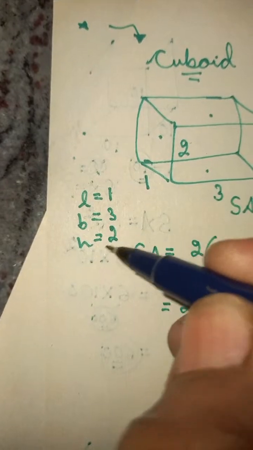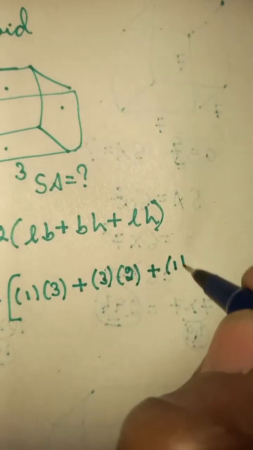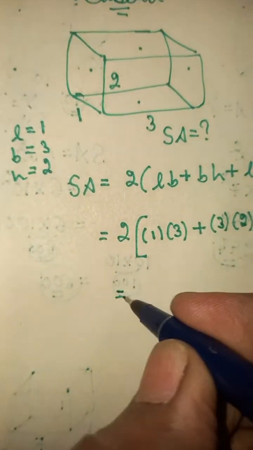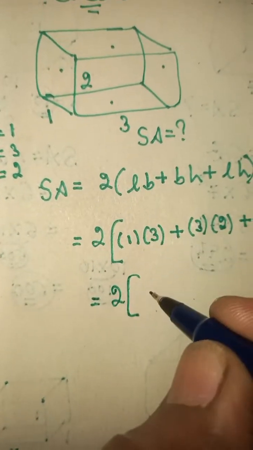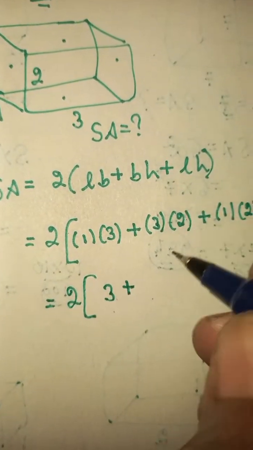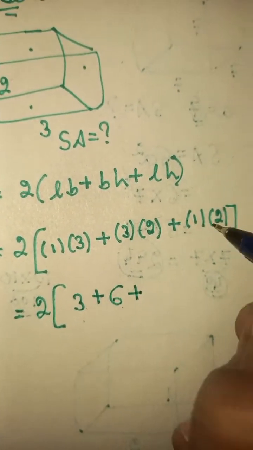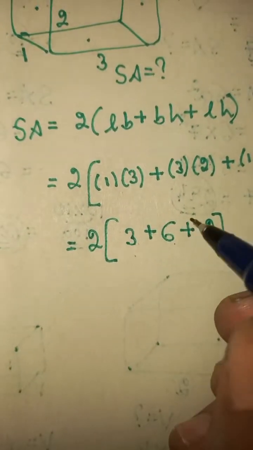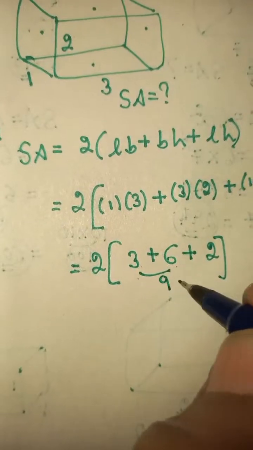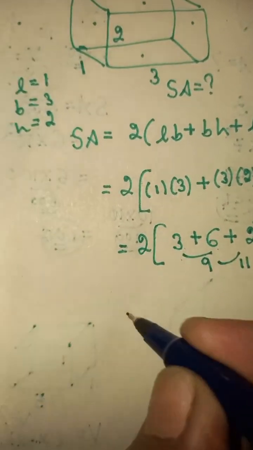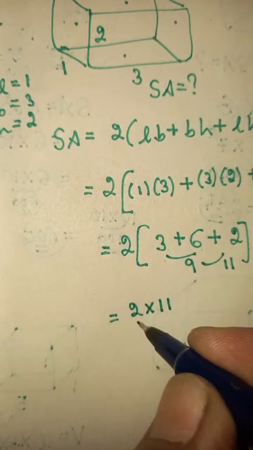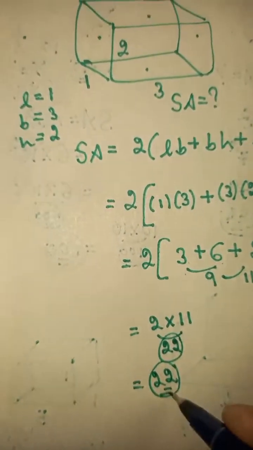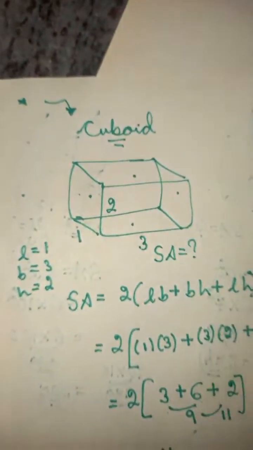This is length and this is height, so it becomes 1 times 2. Now find them out. That is 2 times (1 times 3 is 3, plus 3 times 2 which is 6, plus 1 times 2 which becomes 2). Now add them. Here 3 plus 6 is 9, 9 plus 2 is 11. It is 2 times 11 which is 22. 22 square units is the complete surface area of this cuboid.